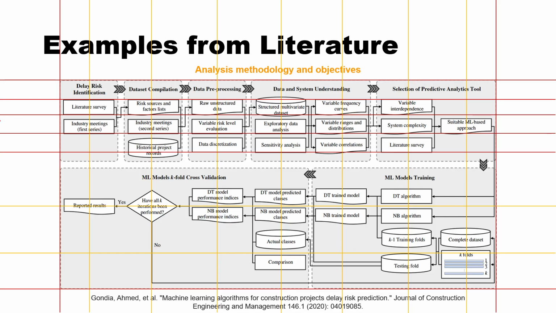Looking at the second example, this is well aligned to a grid. For example, the lines and these parts at the top are pretty much centered with respect to the parts at the bottom. The heights of these parts are all equal.